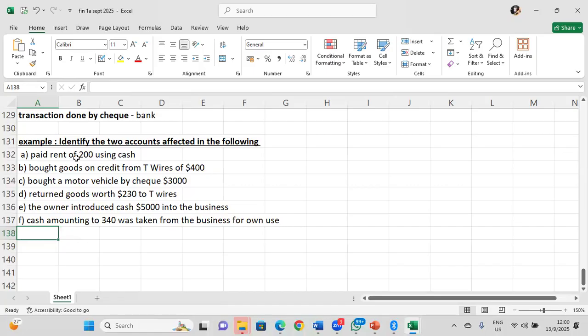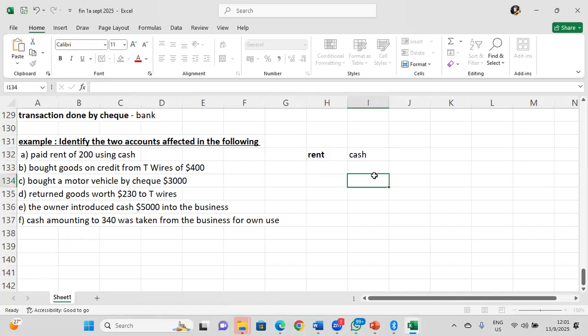Because we are paying rent, we have the rent account. And the other account affected is, how did you pay the rent? I paid using cash. So the two accounts affected are the rent account and the cash account.